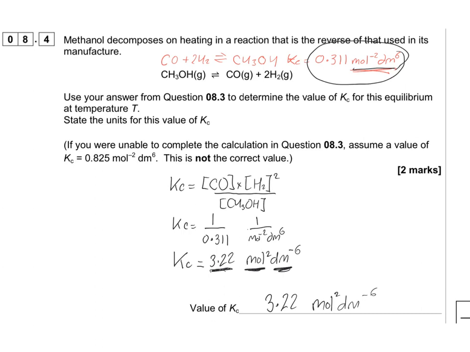Even if you couldn't get that this was just the inverse because it was the reverse equation, so it would be 1 over Kc, you still could have worked out the units yourselves, because it's moles per dm cubed times moles per dm cubed squared, so these two cancel out, and that's how you end up with the units.